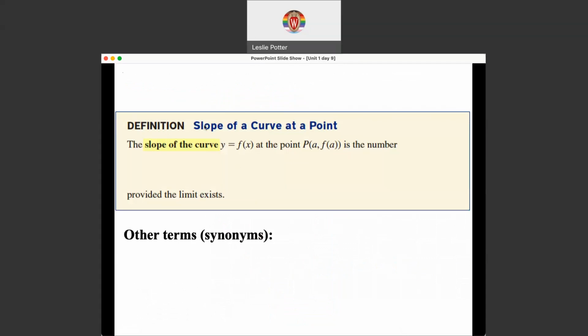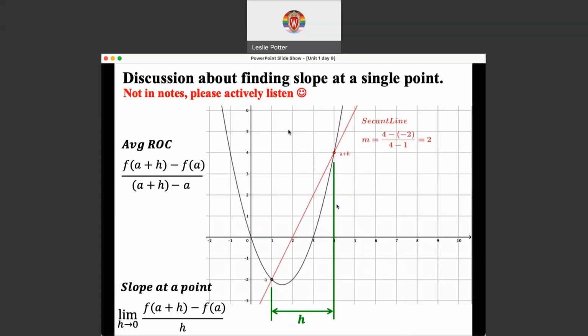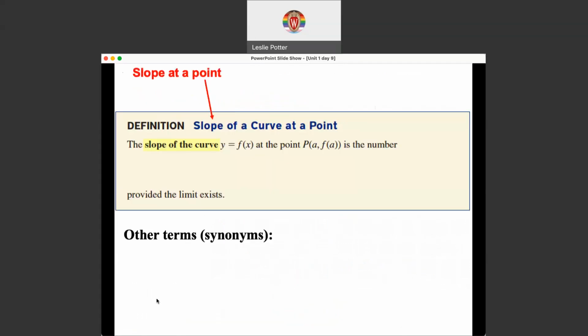So let's talk about the definition of the slope of a curve at a point. Going back to here, this is the definition right here. It's just that limit notation. The slope of the curve at a point, and there are some synonyms, we'll get to those in a second, is literally that definition. Okay, so get that down. Again, it's this f of a plus h minus f of a over h, which remember used to be a plus h minus a, right?